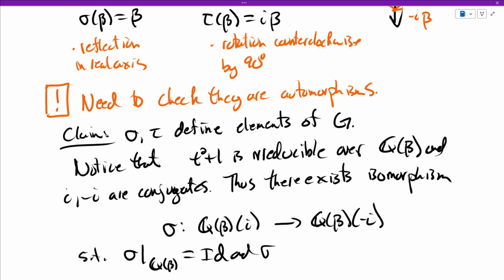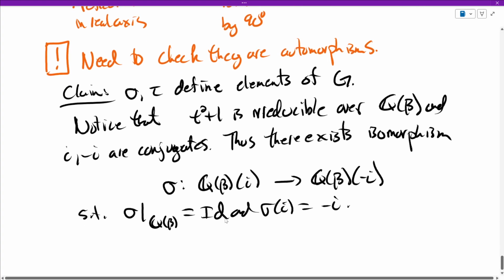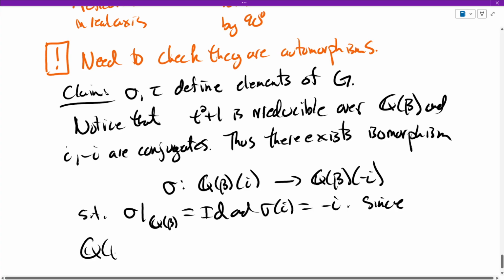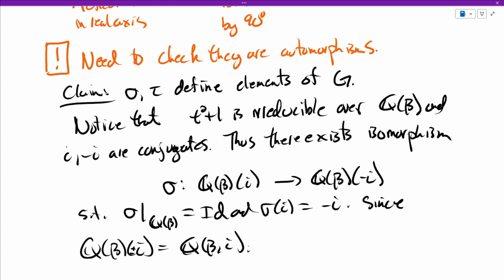And, of course, sigma of i is negative i. Now, both of these fields are the same thing, right? So since these fields are the same, I'm just going to write plus or minus i as Q adjoin beta, i. This is our element sigma. It fixes beta and conjugates i. So that's a way of arguing that sigma is an automorphism without directly checking.